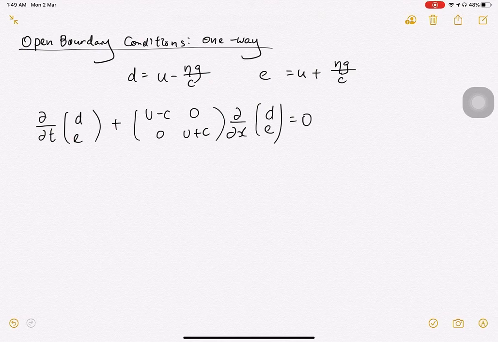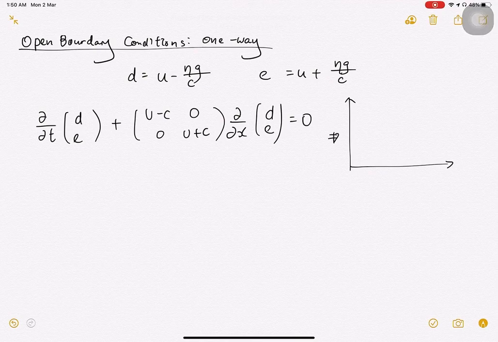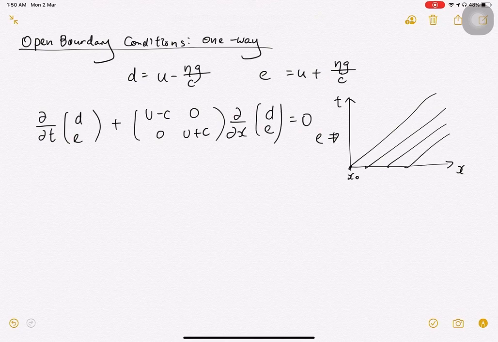Okay, so if you are talking about the inflow of E, this is time, and then this is x naught. And then we know that it depends on the initial condition.